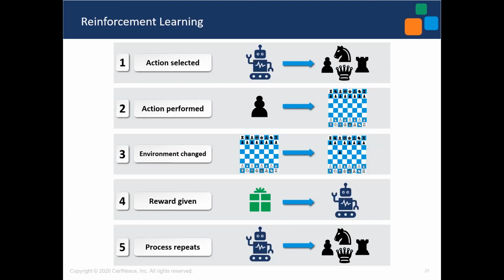So you can see here, we're selecting from a number of different chess pieces. We've selected the pawn. We move the pawn, so we've taken action on that. The environment changes in some way. So now you can see the pawn, we've moved it its two initial spaces. The reward for the action is calculated. So did that action result in a positive result or not? And if so, a reward is given, and again, the process repeats.